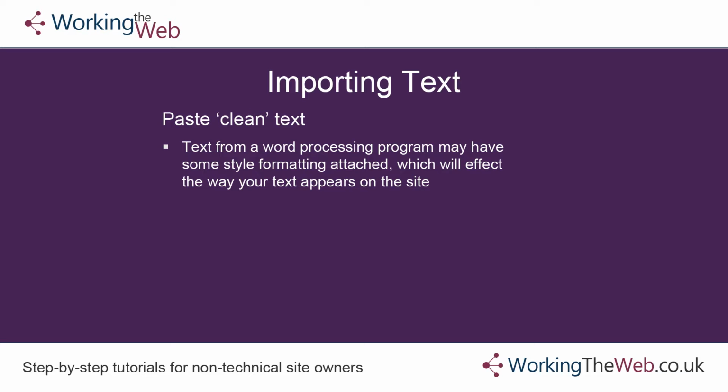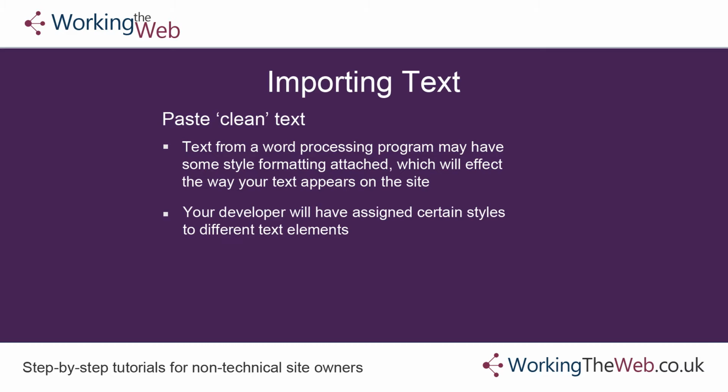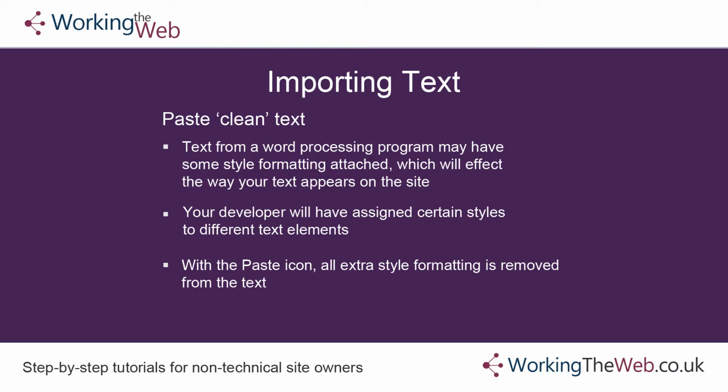As part of the site design process, your developer will have assigned certain styles to different text elements, and you don't want to interfere with that style by importing Word formatting as well. When you use the paste icon, all style formatting is removed from the text, so that your text is imported clean and appears as it was intended based on the design.